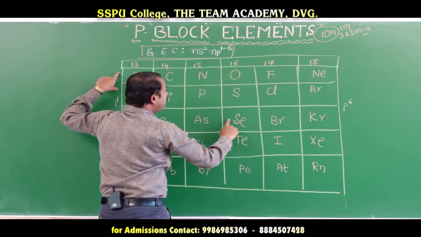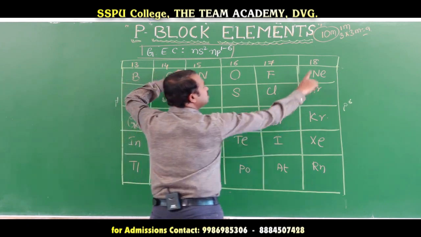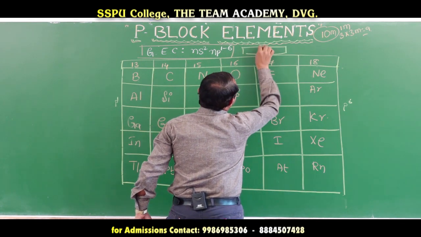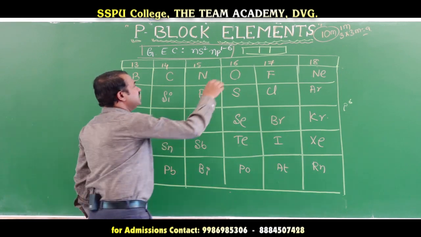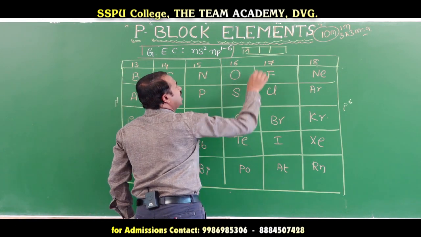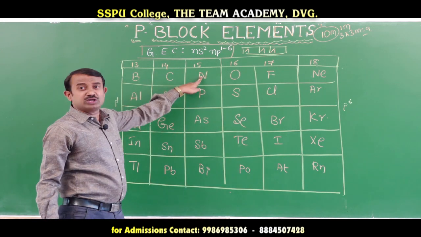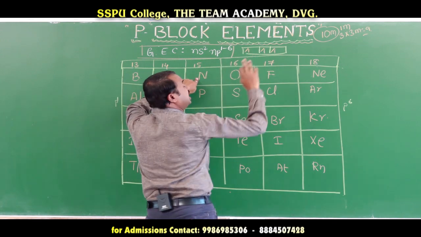There are 3 p orbitals: np1, np2, np3. Up to p3, the orbitals are half filled, and p6 is fully filled.